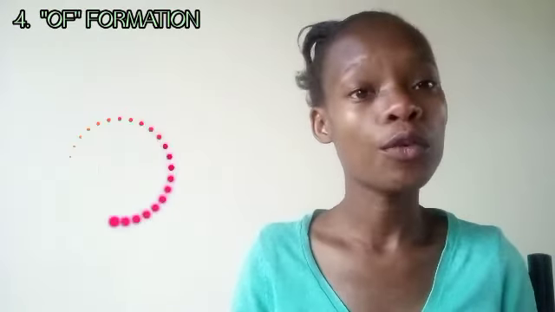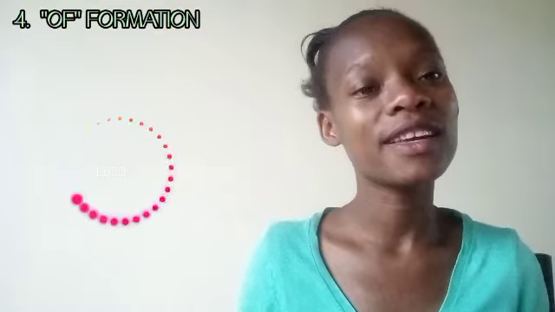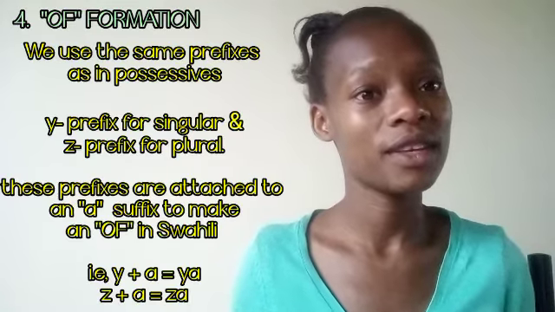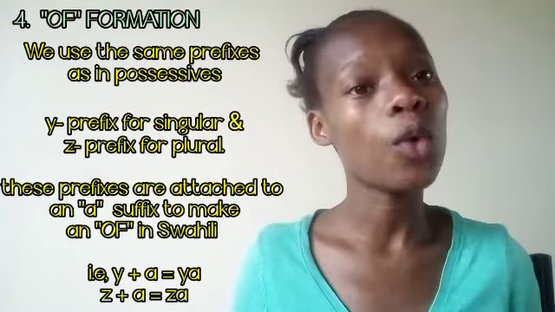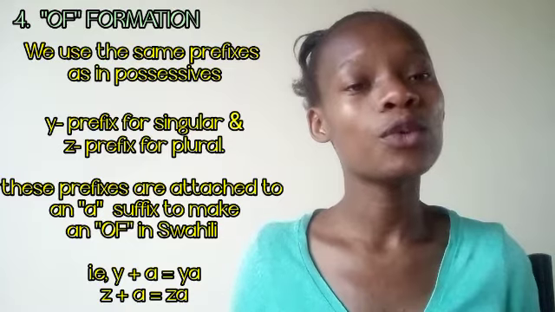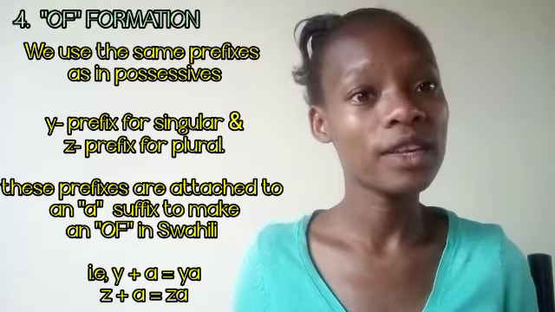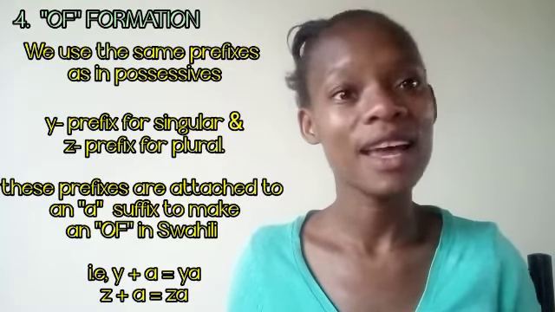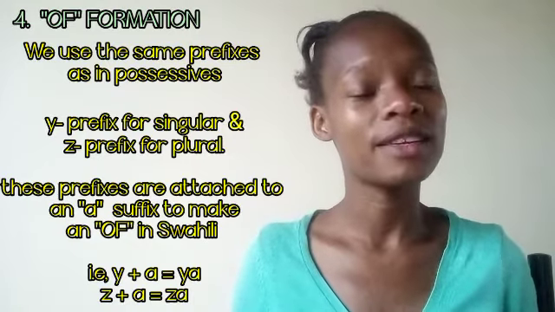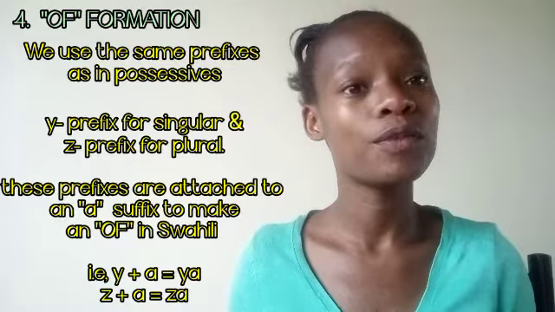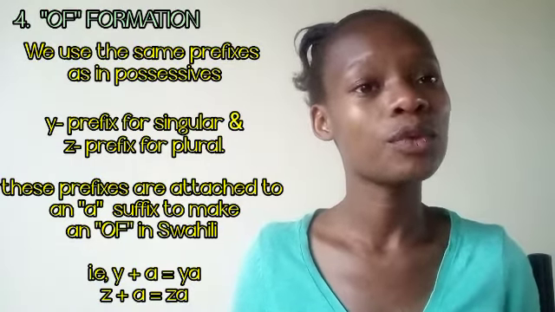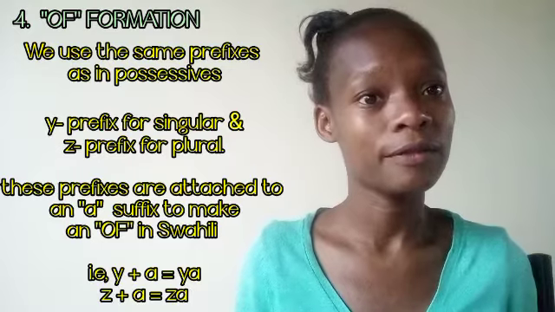What about the of formation? This is very easy because it uses the same prefixes as the possessives. So it uses a Y for singular and a Z for plural. The easy way to form an of is that it uses a prefix and a suffix. A prefix is a letter that is put before a word, and a suffix is a letter that is put at the end of a word.